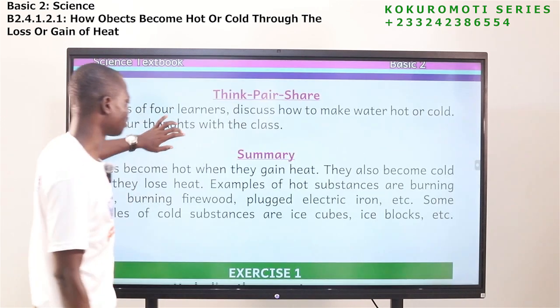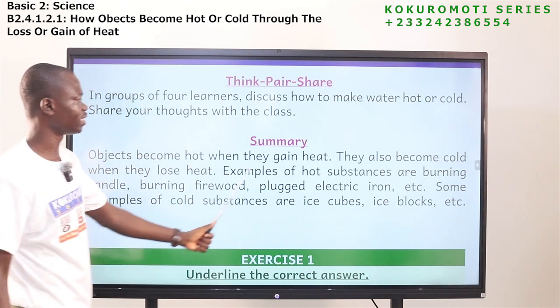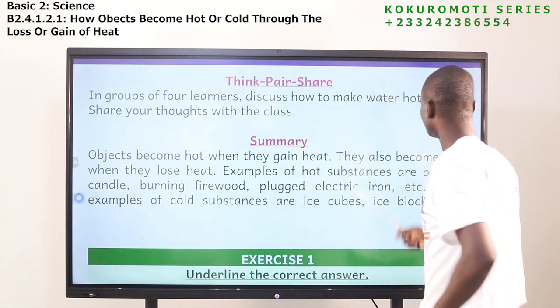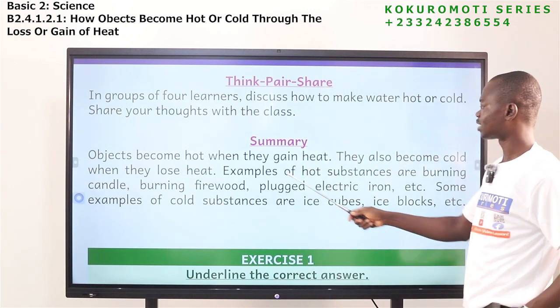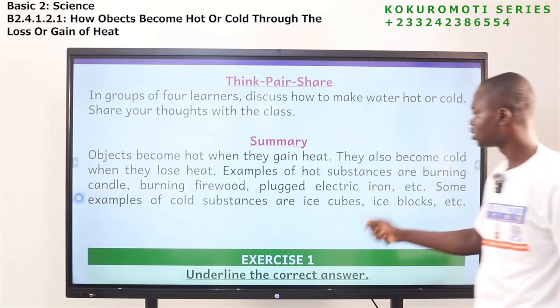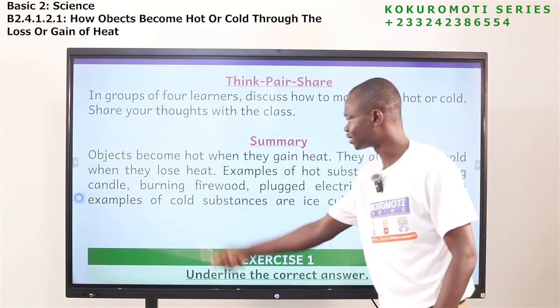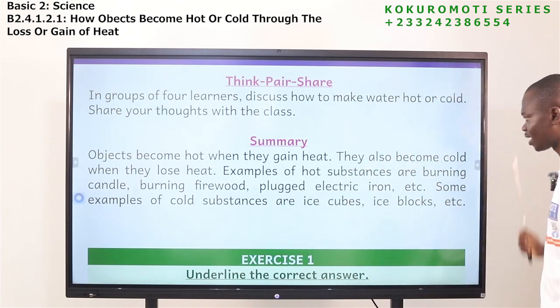Okay, now in summary, let's look at something here. Objects become hot when they gain heat. They also become cold when they lose heat. Examples of hot substances are burning candle, burning firewood, plugged electric iron, etc. Some examples of cold substances are ice cubes, ice blocks, and the rest.